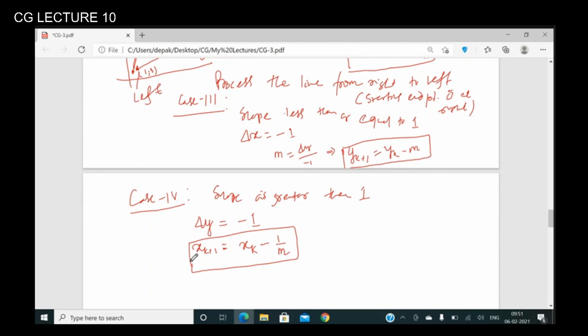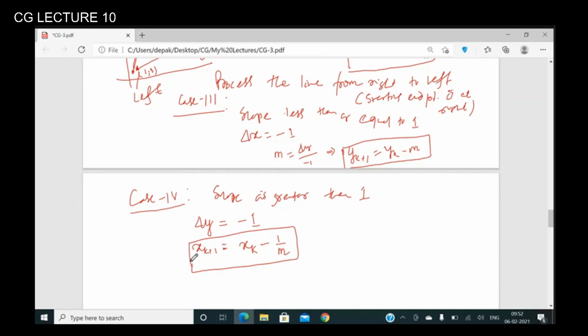However, whatever we have seen just now, all the cases are for the positive slope. But there may be cases while drawing the line where the line has a negative slope. So at that time, what will you do? Again, the same formula and the same 4 cases will be used in case of negative slope.